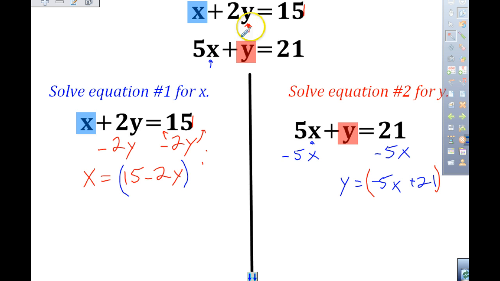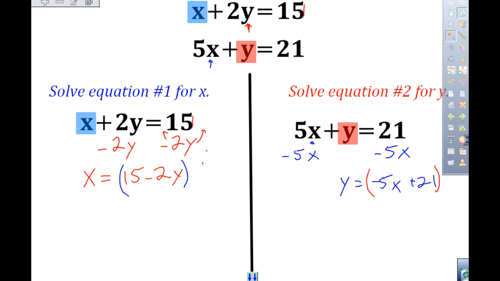So it's two possibilities, which means when you guys come in tomorrow and you start comparing work, you might have picked to solve the top one for x, your neighbor might have picked to solve the bottom one for y. Your work will be different, but then at the end their answers will be identical. Okay, just two different paths to get to the same answer. Okay. And that's only in the case where both of them are easily solving for a single variable. Usually just one equation is easier than the other.